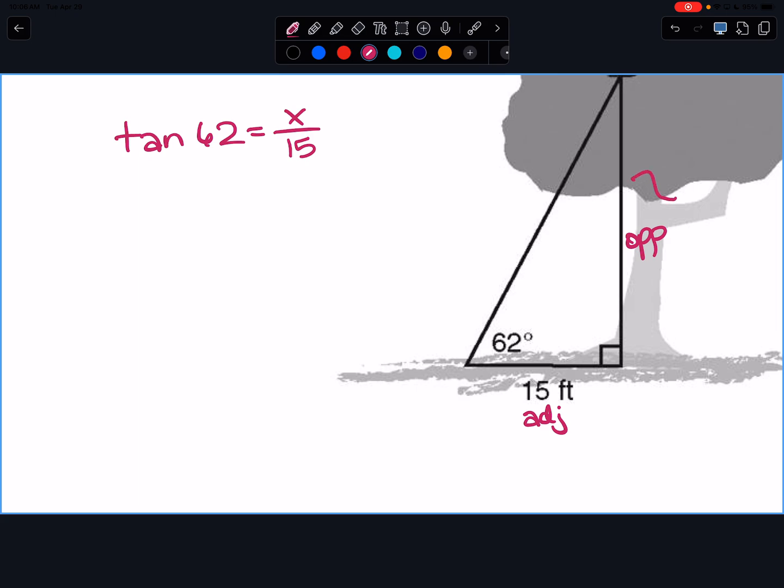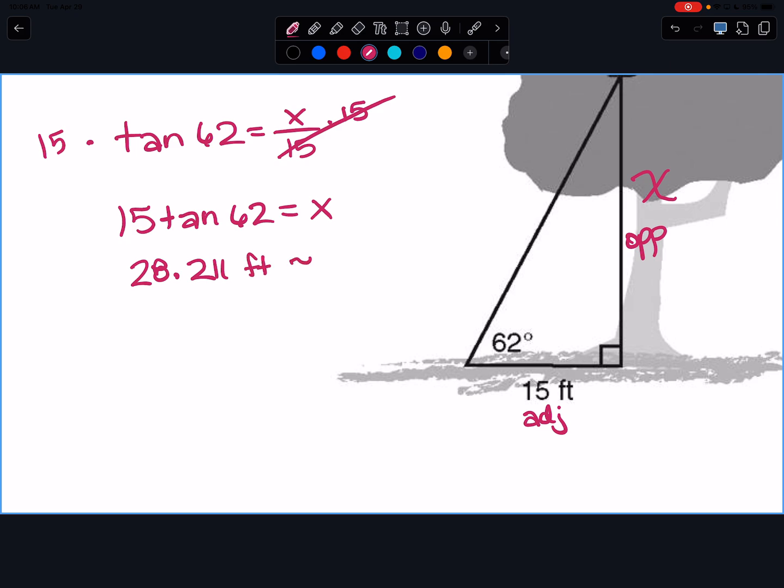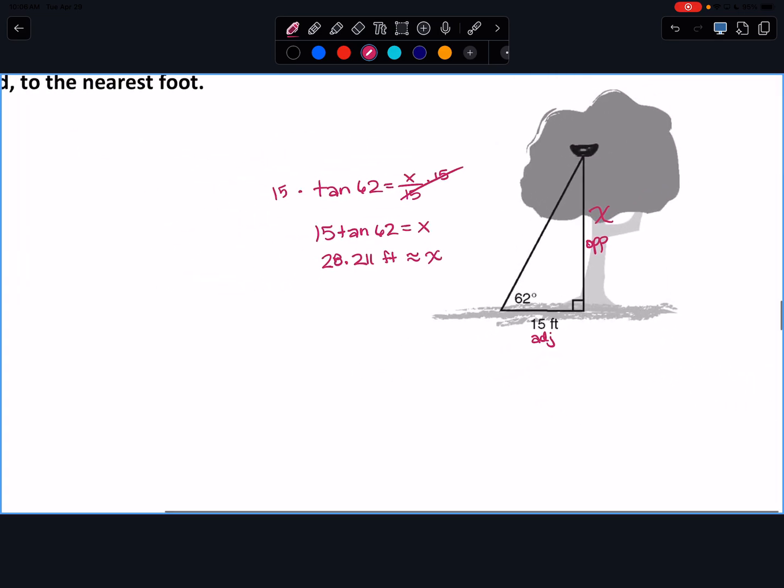And then I multiplied by 15 on both sides. So 15 tangent of 62 degrees equals x. Put it in the calculator and got 28.211 feet. Do you all agree? Everybody agrees? Okay, good. Way to include those units of measure. Good job. Any questions? No?